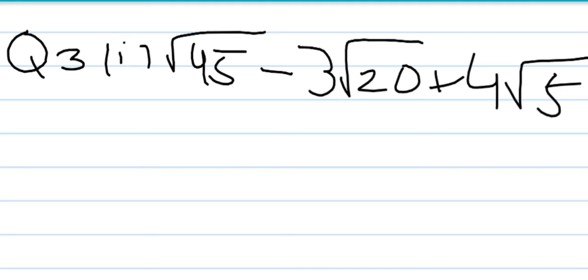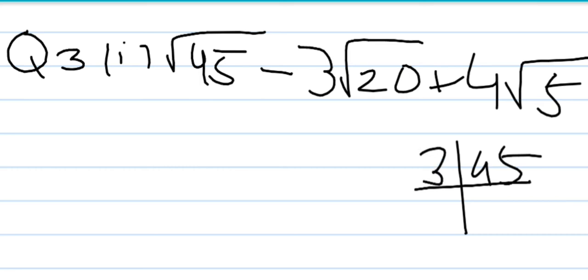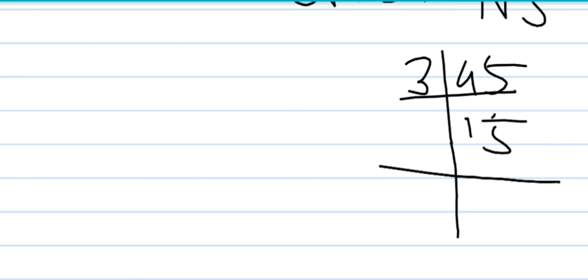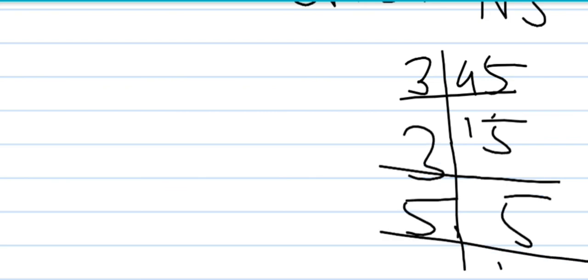So 45 first: we'll take 3, 3 1s are 3, 3 5s are 15, and then 15, 3 5s are 15, and 5 1s are 5.